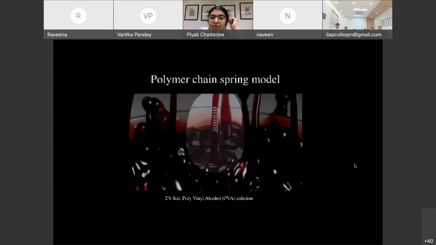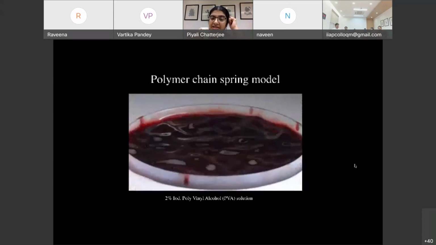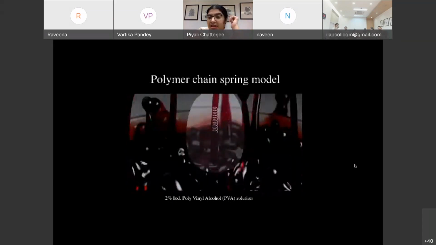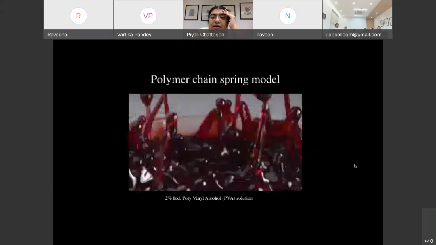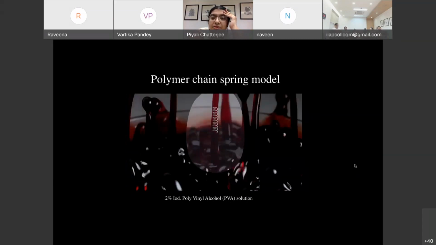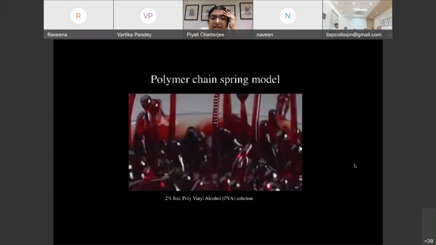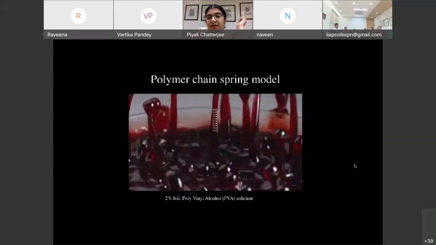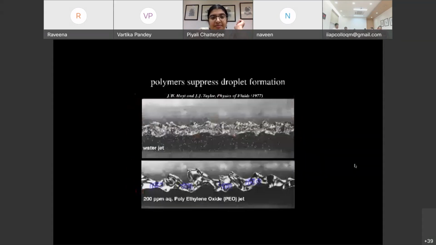This is very well known and has been studied; there's a paper from 1880, sorry, I forgot the actual date right now. We have all referred to these really old papers. So this is the droplet formation from these jets.